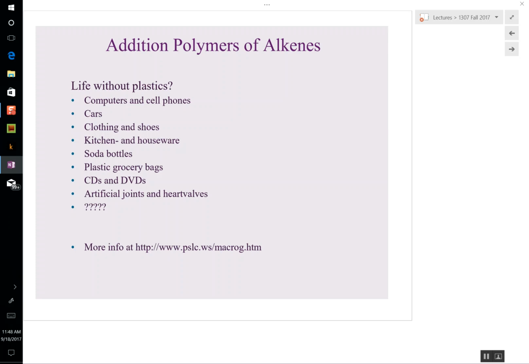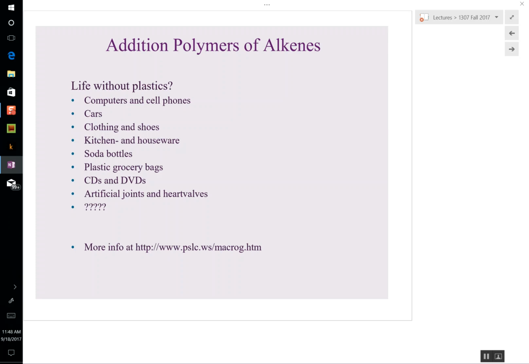Plastic is just everywhere. These are polymers, and the majority of them are made by the polymerization of alkenes. That's where you get the majority of plastics.